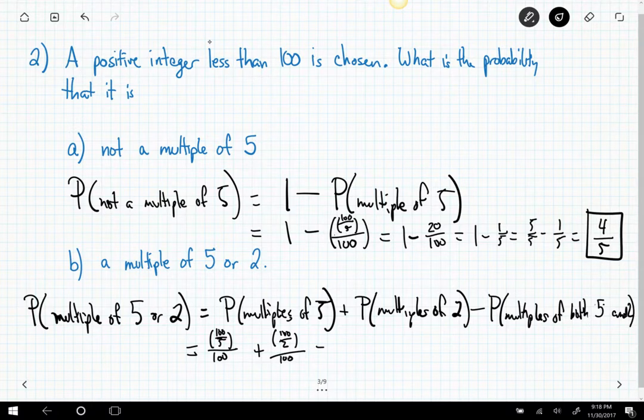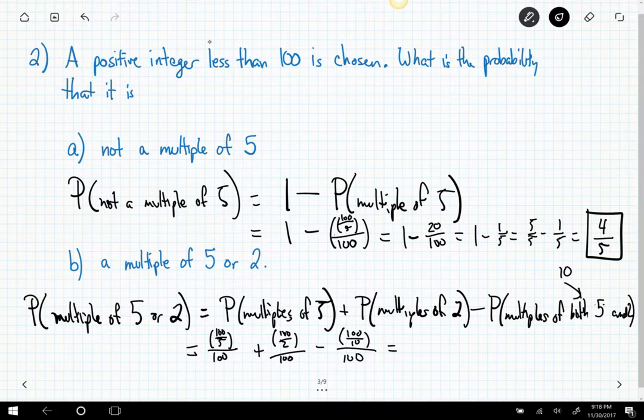And then we have to subtract out, what would be a multiple of both 5 and 2? If you have a multiple of 5 and it's a multiple of 2, notice it can't be an odd number because it's a multiple of 2. That means it must be a multiple of 10. And so an easier way for us to say both 5 and 2 is multiples of 10. So our easy way to calculate that is just 100 divided by 10, all over 100.